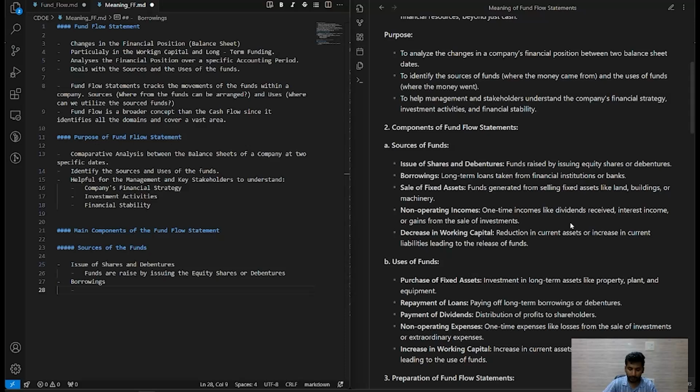Next up are the borrowings. In the case of borrowings, these are long-term loans taken from financial institutions or banks. Okay, this is also a source of the funds. Next up is the sale of fixed assets.